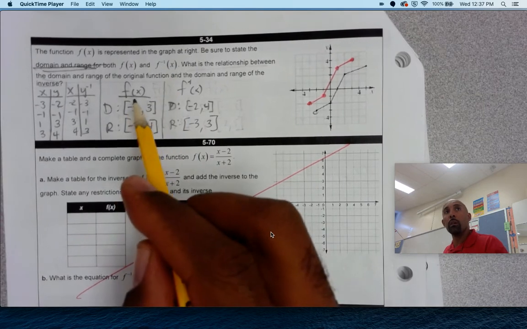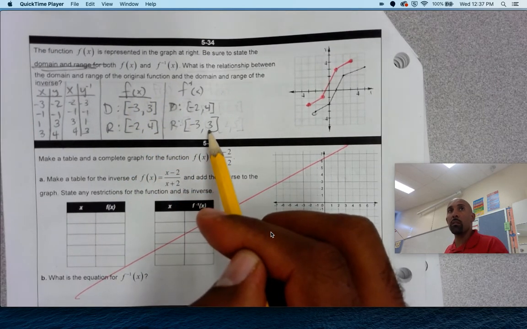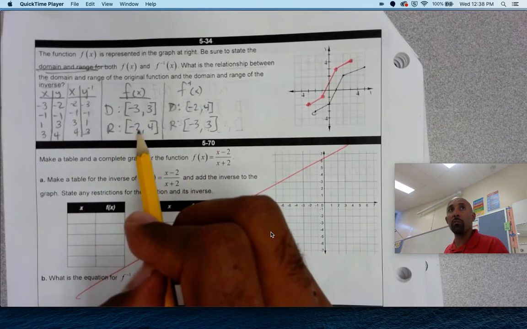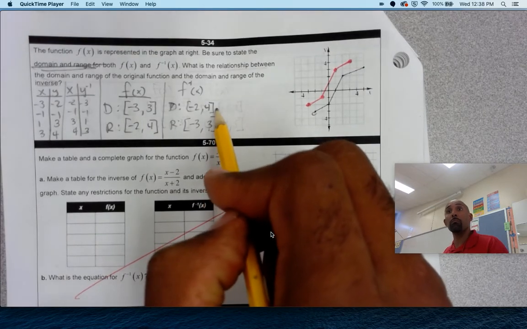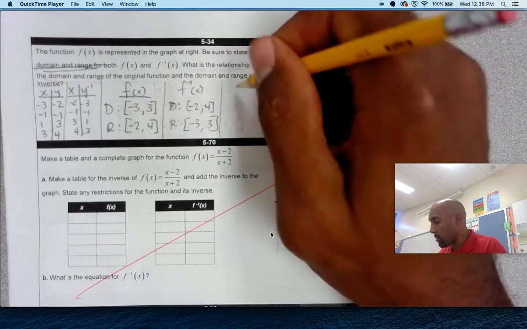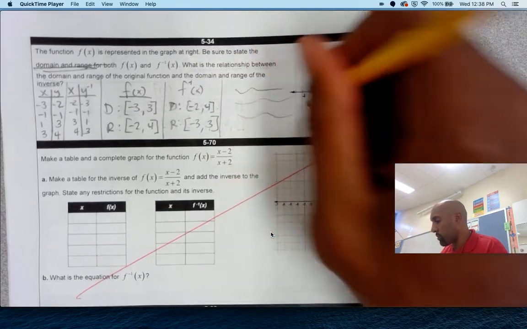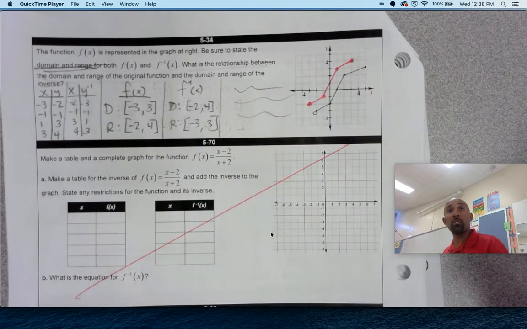Well, the domain of the original is the range of the inverse, and vice versa: the range of the original is the domain of the inverse. You can write that out in your own words. You write out the relationship, like I just described.